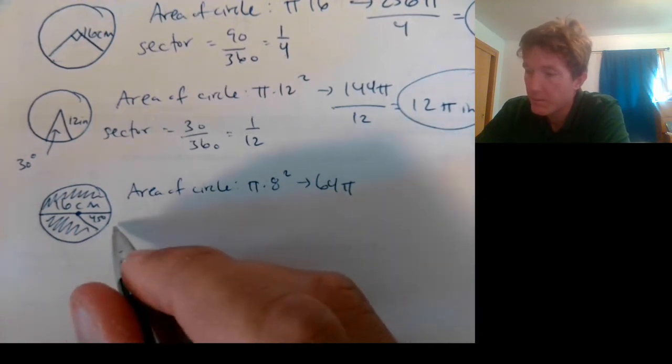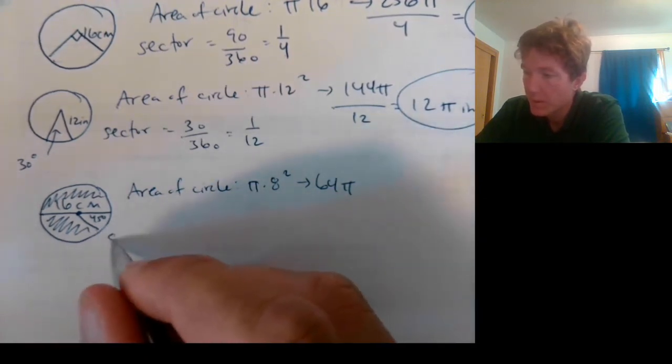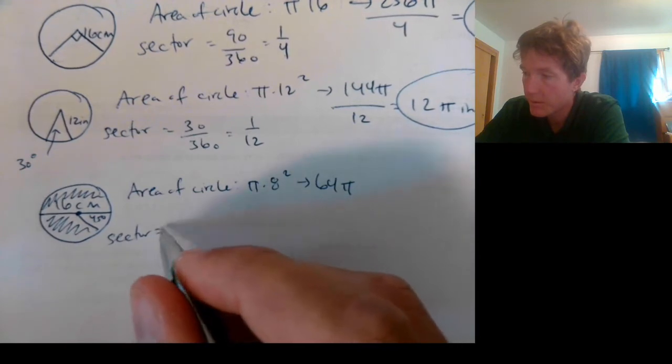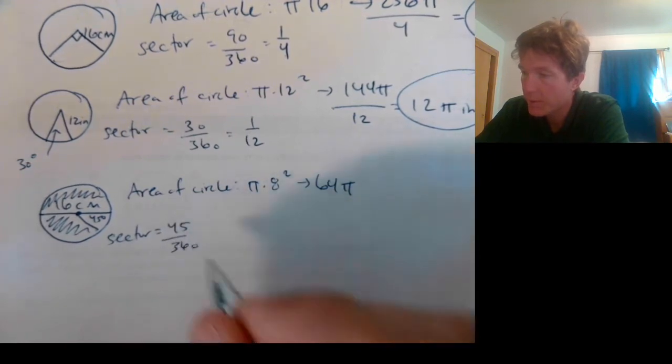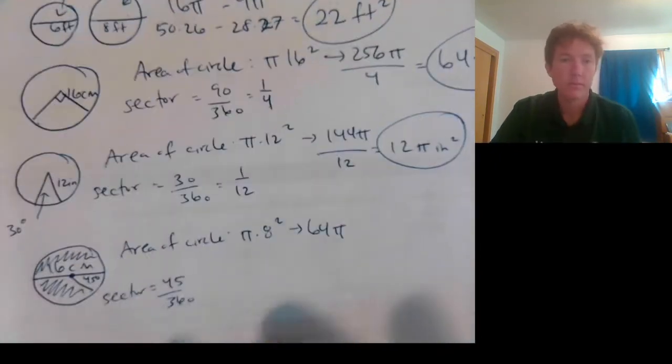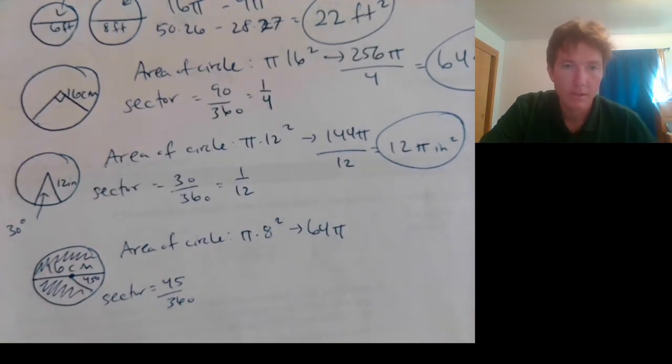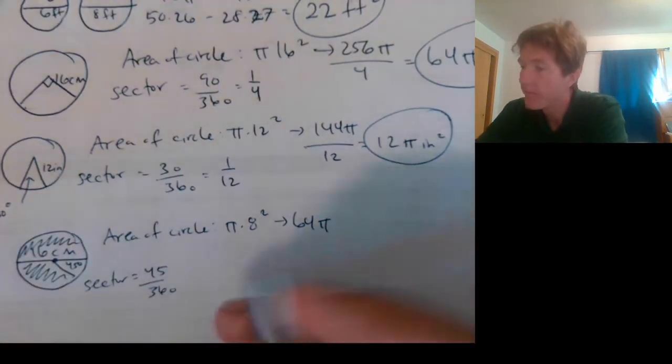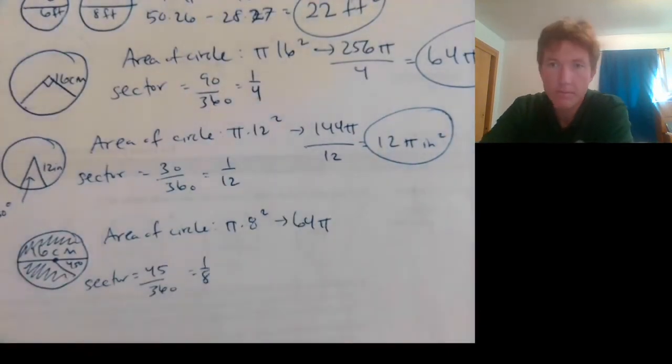The sector we don't want, so the sector that I don't want, that's 45 of 360. Let's see if that's a nice number. It is. It's an eighth. So that's an eighth.